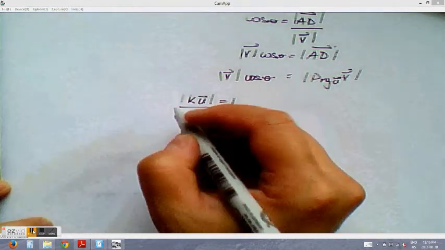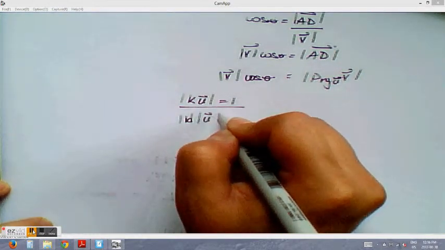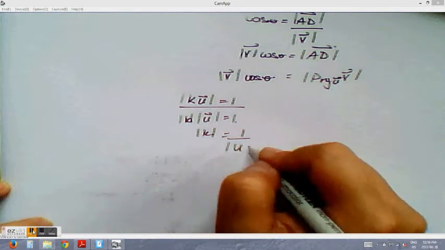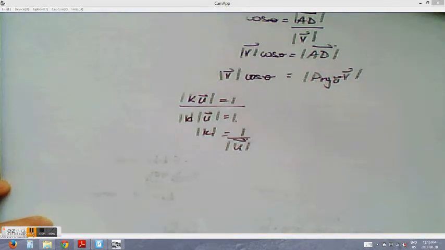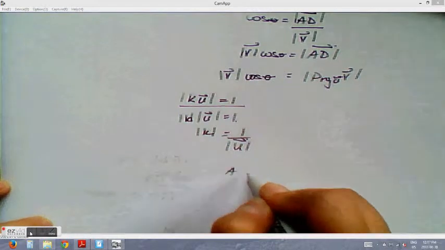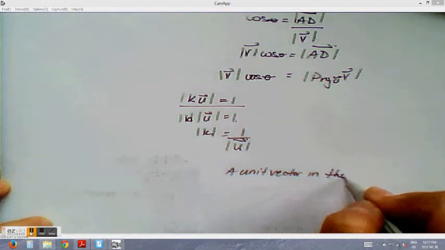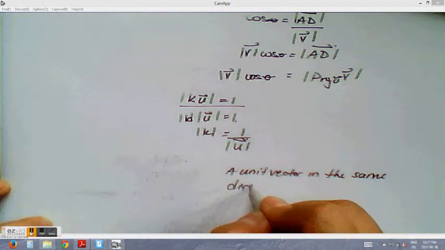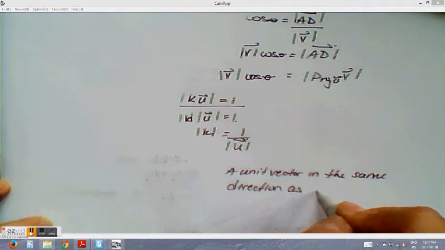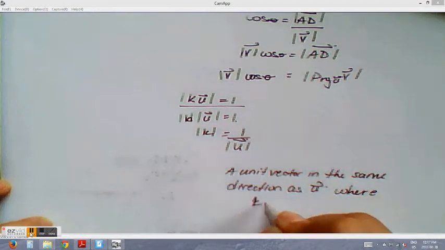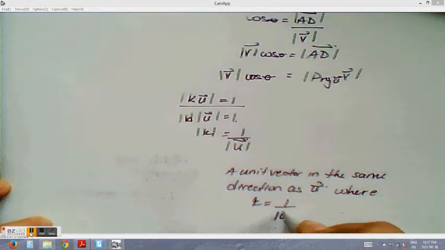I'm just going to separate the K. So I know the magnitude of K is equal to 1 over the magnitude of U. So that means that the unit vector in the same direction as U is thus, where we'll say K is equal to 1 over the magnitude of U.